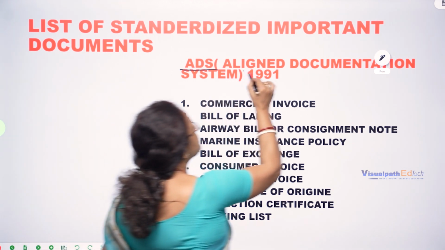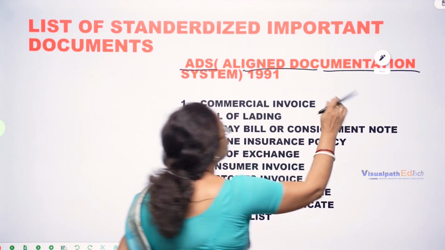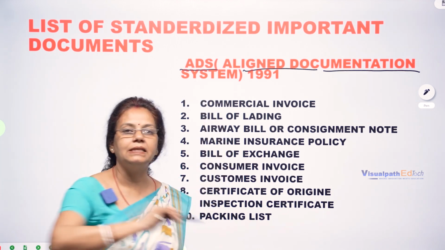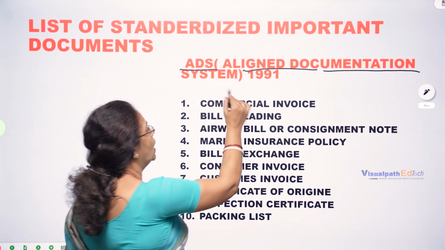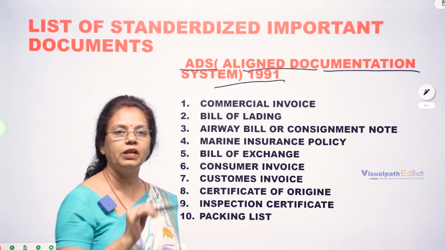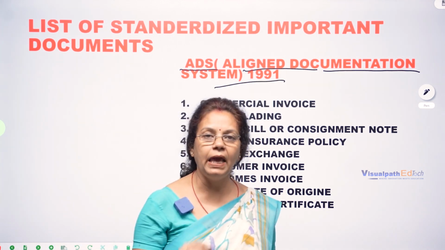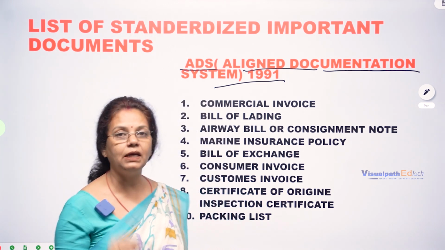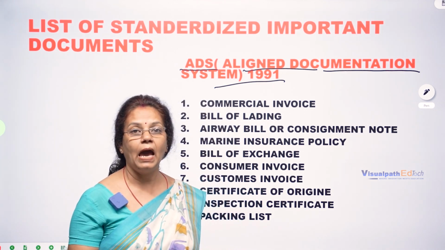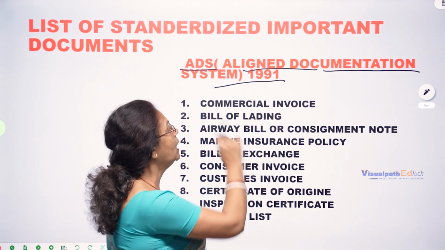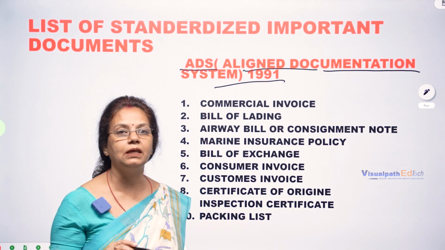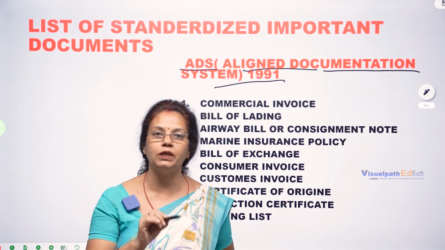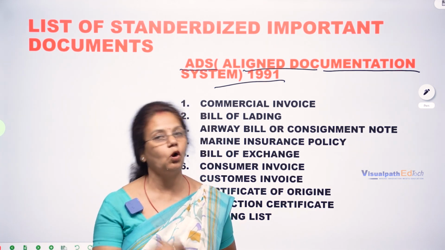It is a system introduced by a committee called ADS in 1991. In each and every foreign trade, they have to maintain the rules, policies and formations given by ADS 1991. It is implemented in each and every foreign trade, whether it is export or import.